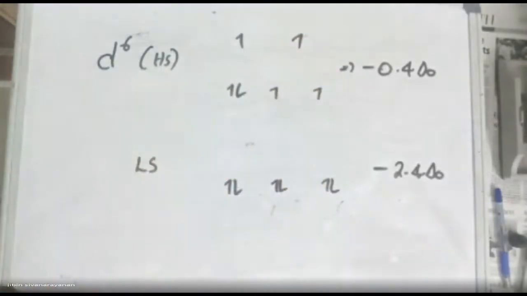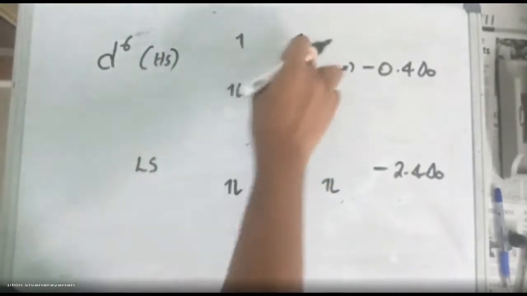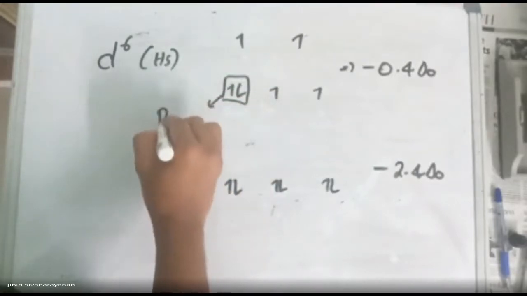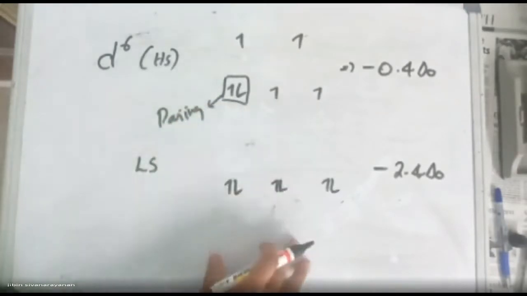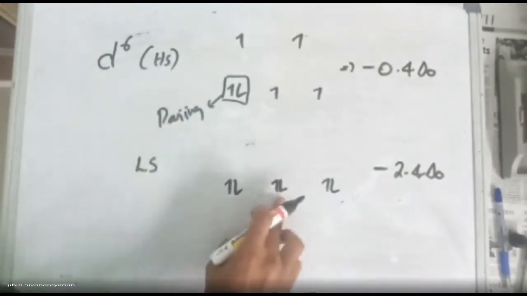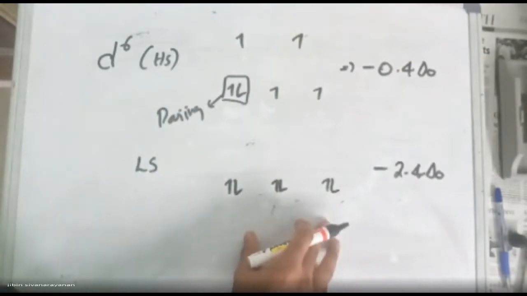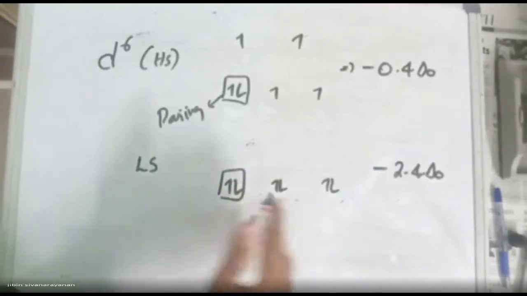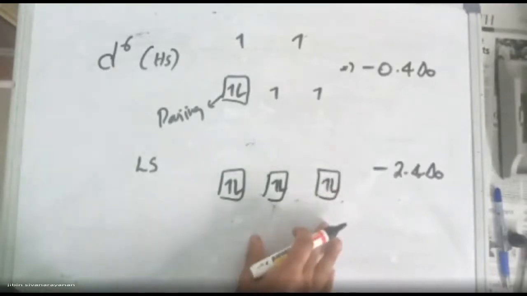So if you are adding the sixth electron, 1, 2, 3, 4, 5, the sixth electron is coming as a pairing. Some kind of pairing energy will be needed to pair this electron. In the same way, the first, second, and third orbitals are all paired here, and each also needs a pairing energy.